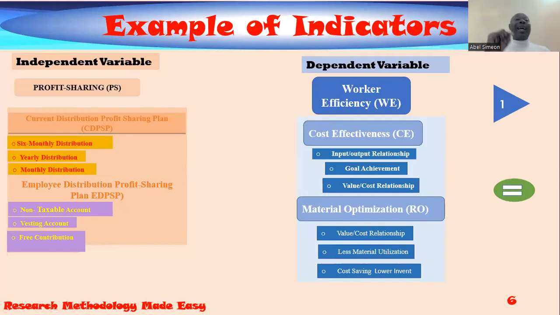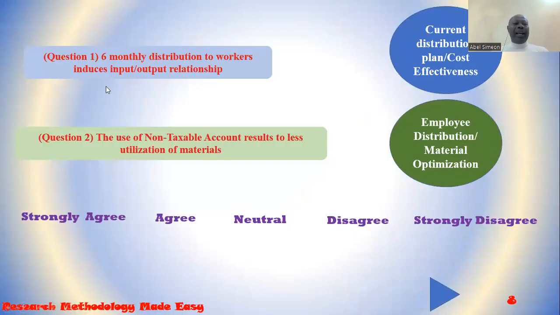You must then ask them correlationally. Ask the question as it is done here. You correlationally ask them that 6 monthly distribution to workers, does it have any impact on any of the dependent item measures? If the question is agreed, immediately you know that yes, it has.